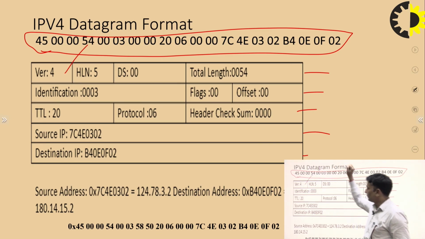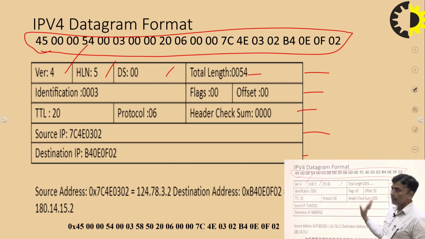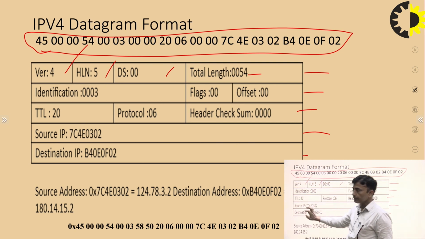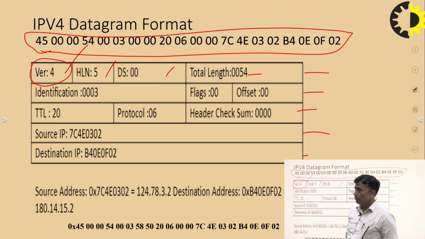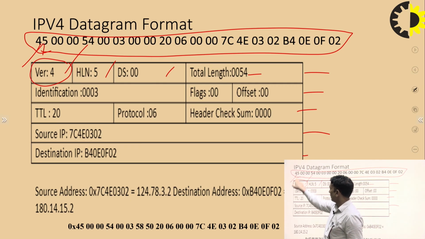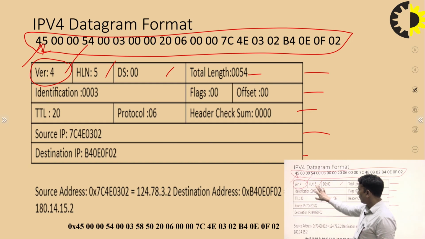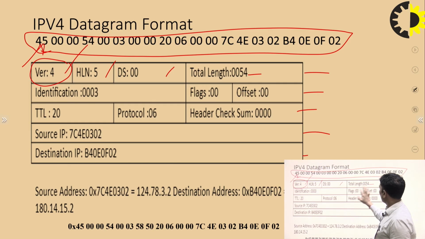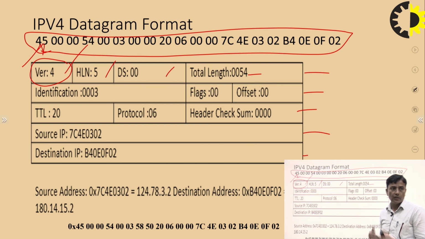This is first the version, then the header length, and so on. All the information is broken down from this hexadecimal pattern to here. As we know, each symbol is 4 bits, so the first 4 bits are reserved for the version. That means the first symbol, 4, is written here in version. Let us first write each and every value for each particular field. We adjust these given values in the particular fields, then we will try to give the answers.